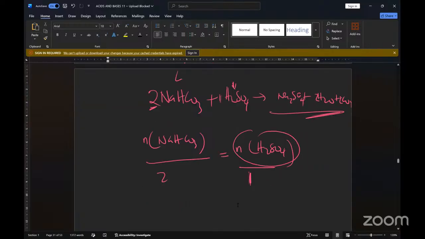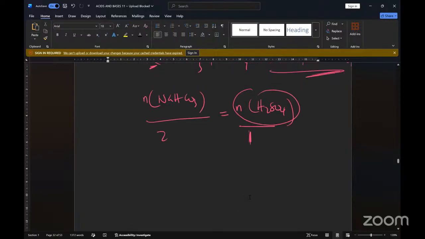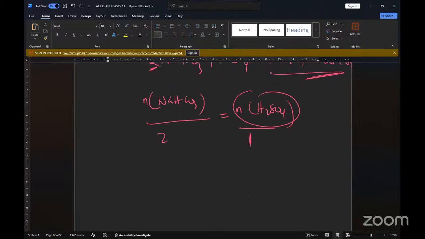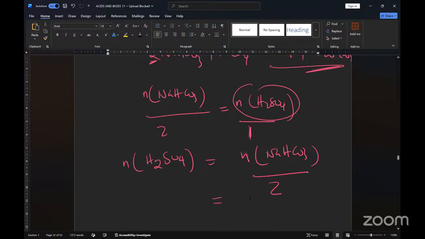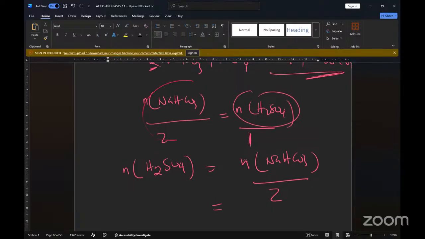So we can simply say that the number of moles of sulfuric acid, H2SO4, must be equal to the number of moles of sodium hydrogen carbonate divided by 2. Because I got this one from this one, is what I put here.